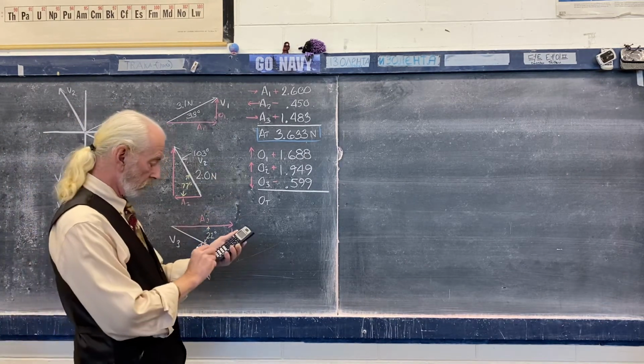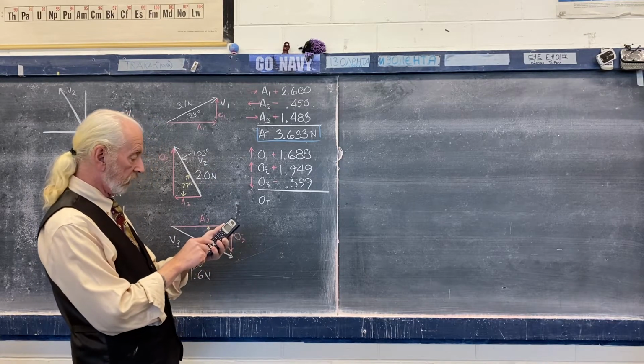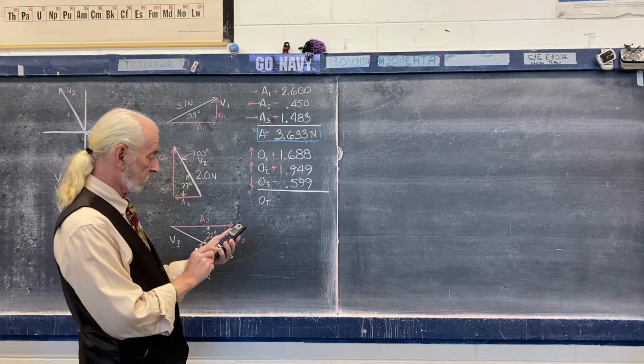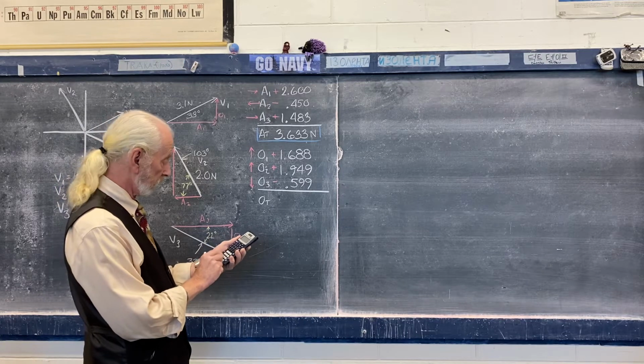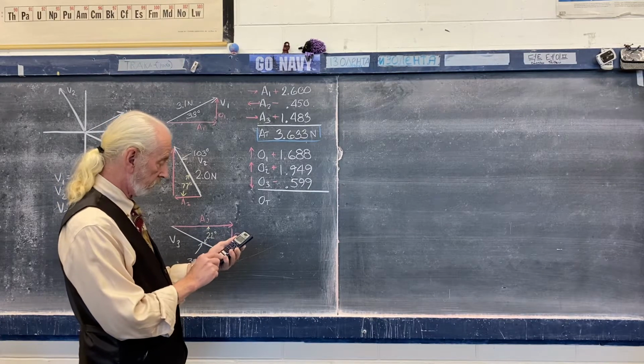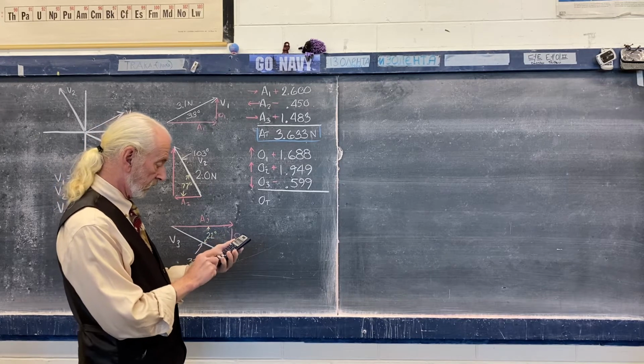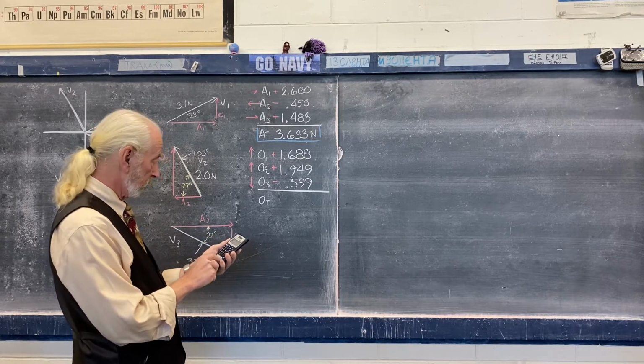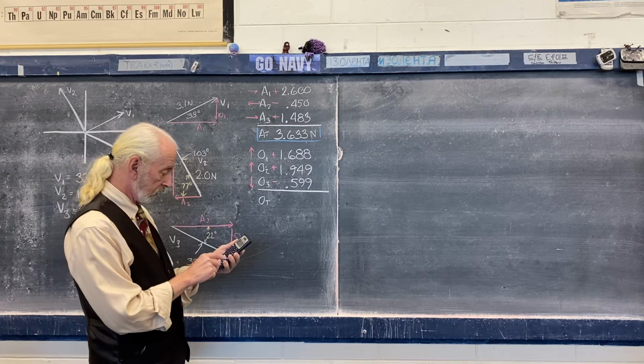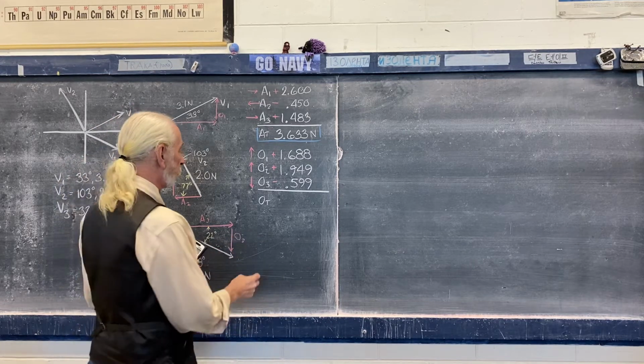Tally these. 1.688 plus 1.949 minus 0.599, 3.038.